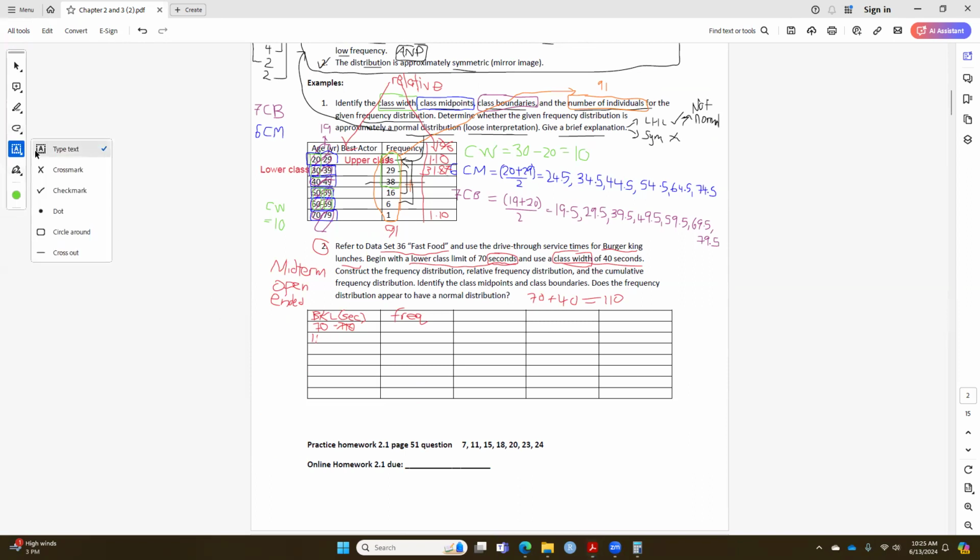Because the number next to 110 is 111. A lot of students will put 111. But can someone tell me what is the difference between 70 and 111? The difference is 41, which is the class width. But unfortunately, the class width in the question is 40, not 41.